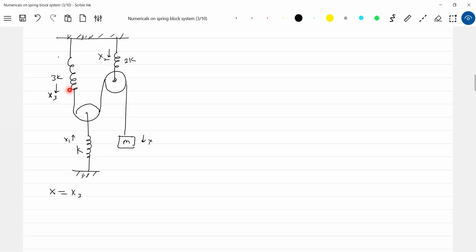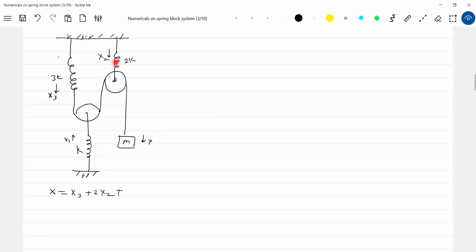Now assume that these two springs are not there. Everything will be wire. Now if this moves by 1 meter, then here 1 meter, 1 meter will become loose. So the block will move by 2 meters. So therefore x is equal to 2x2.